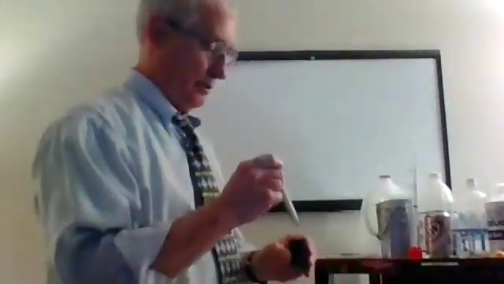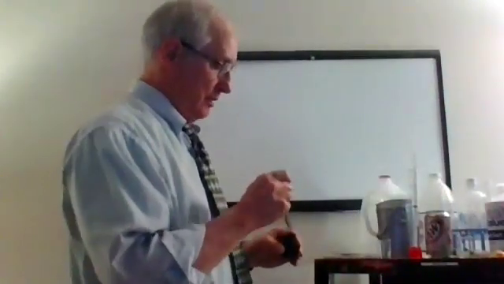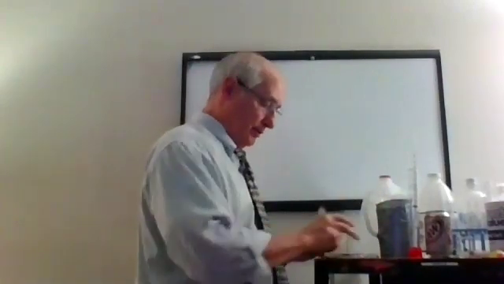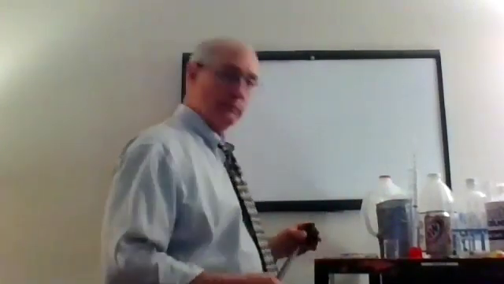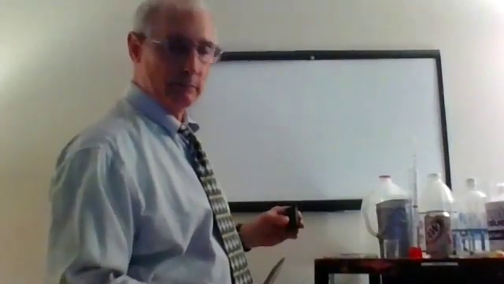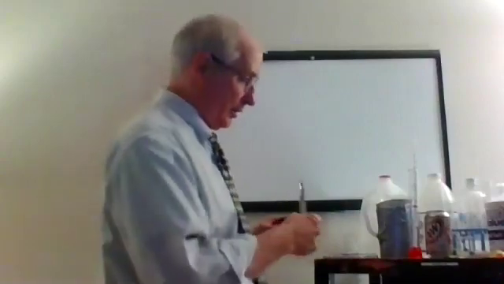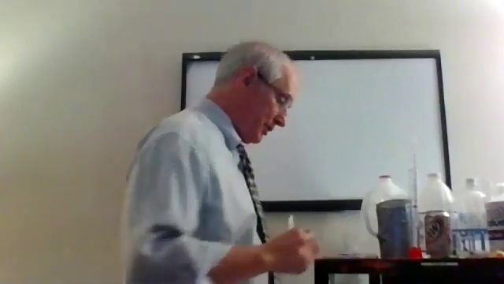I know that's not the right container, so I had to improvise. We're going to take this and stick it on the balance, that little beaker. I'm going to push the tare button.